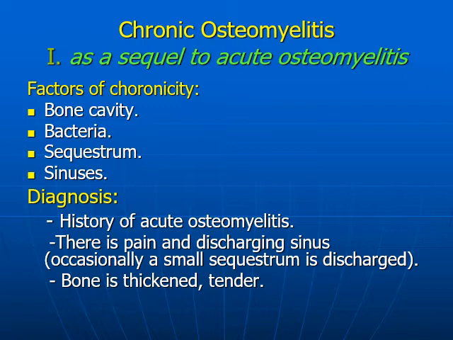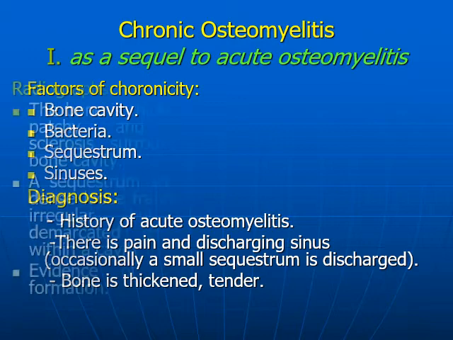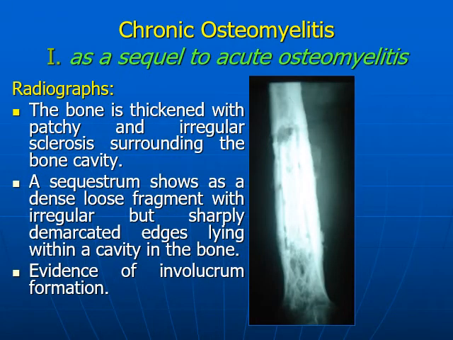The bone is tender. X-ray shows that the bone is thickened, with sclerosis surrounding the bone cavity. As we mentioned before, you can see what we call bone inside the bone. This is the bone inside and this is outside. This is sequestrum, this is involucrum.